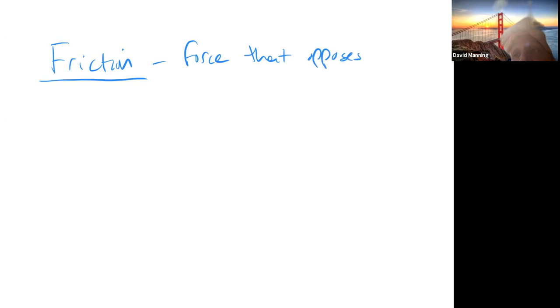And today we are talking about friction. Friction is the force that opposes motion. So something that is moving in a direction.